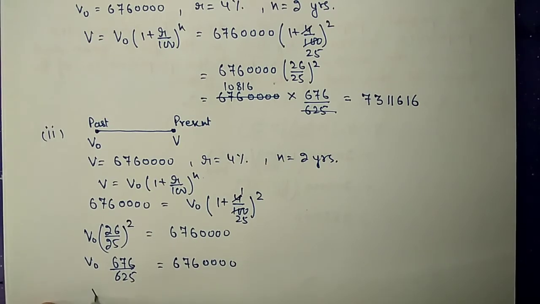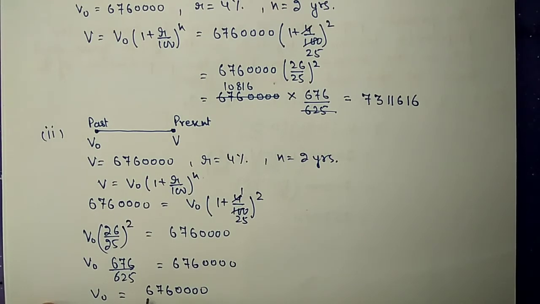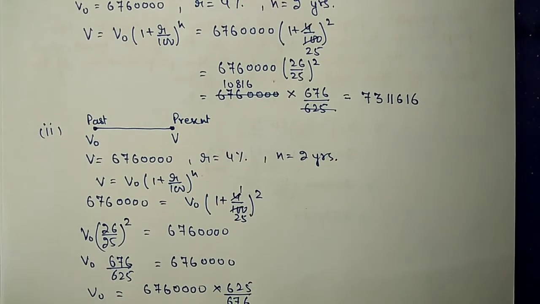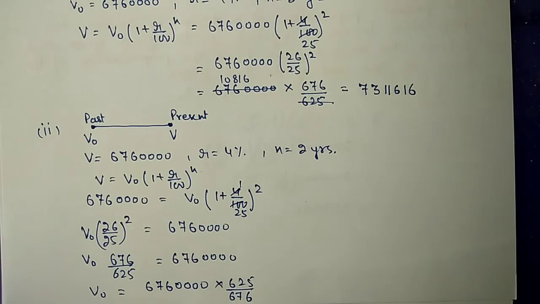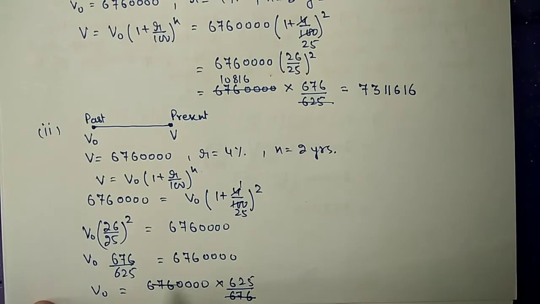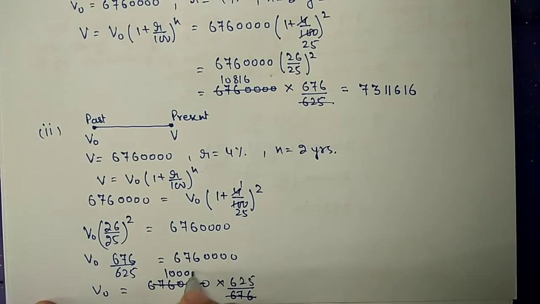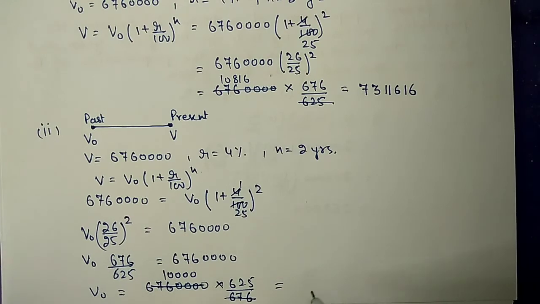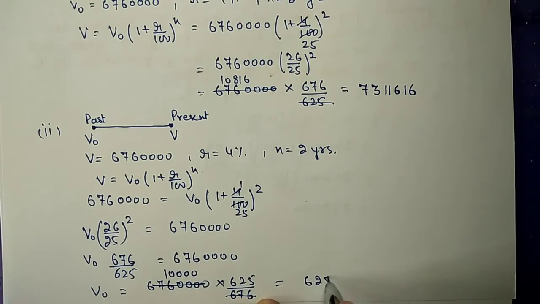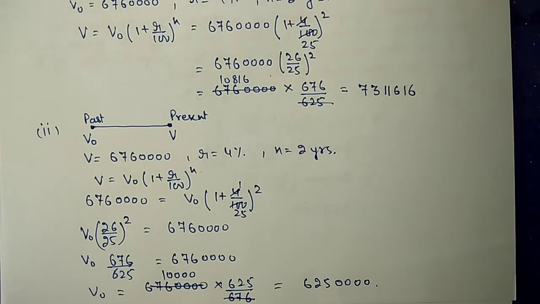You can shift to the other side, so V naught will be 676,000 into 625 by 676. This 676 you can cancel out, and here you will get 10,000, and multiply this by 625 and 4 zeros. This was the population before 2 years.